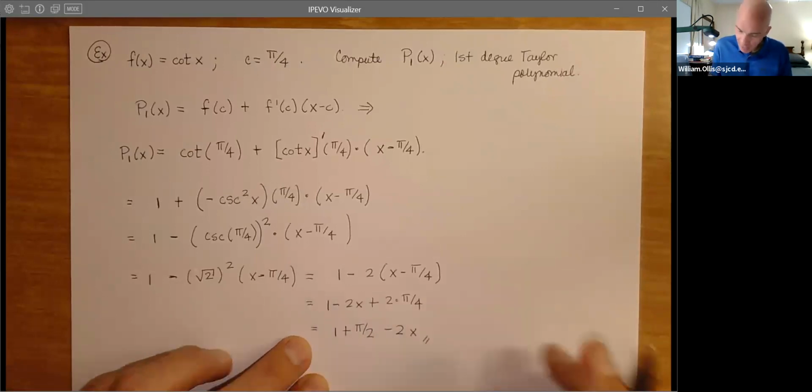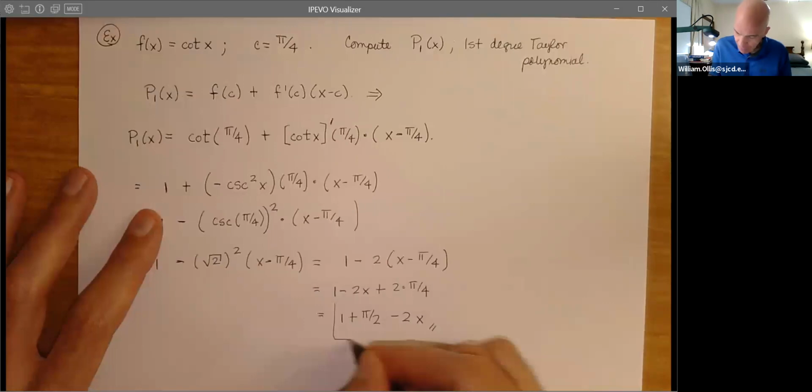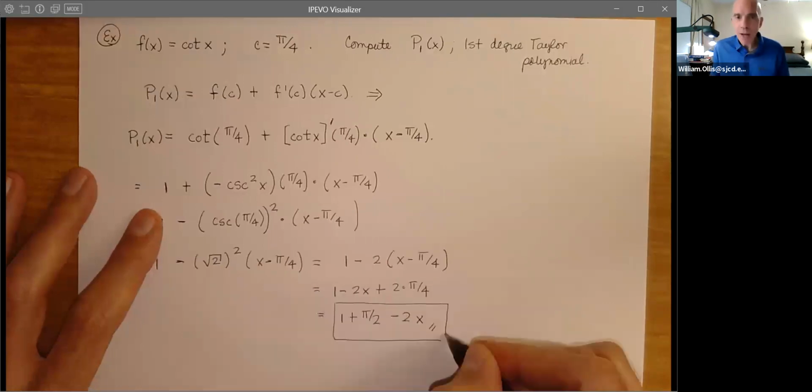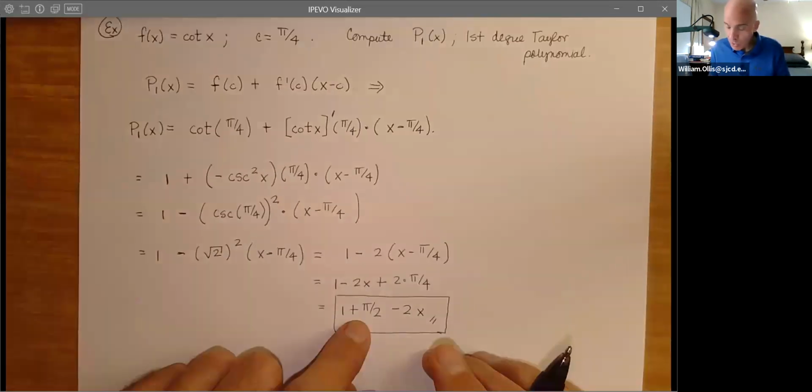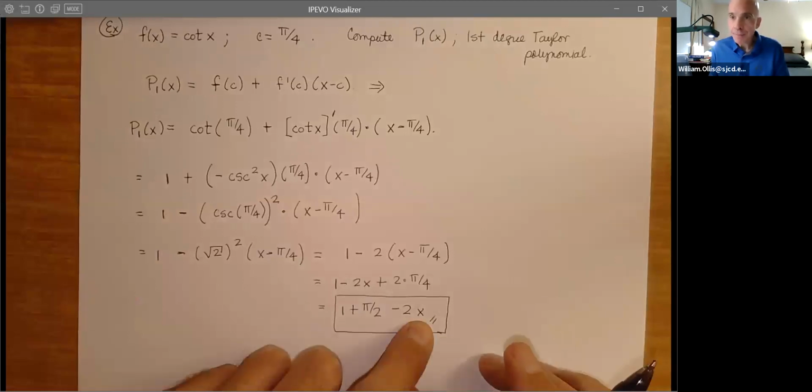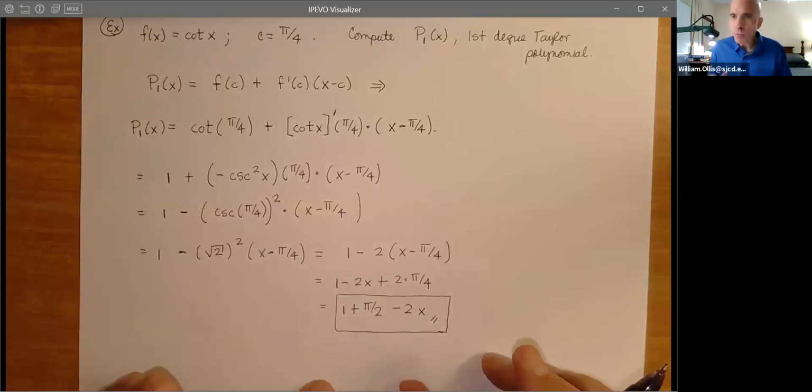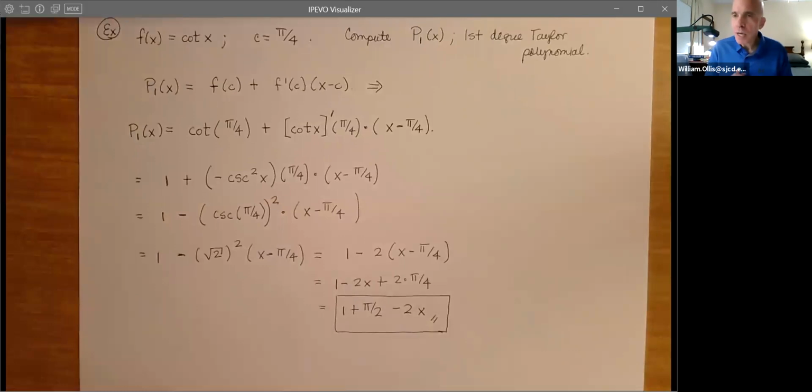Now, again, this is a first degree polynomial where we have a constant term and the x term. Now, again, when we think about using polynomials to approximate functions, maybe not the best, because for instance, if we want to be able to venture out, say, let's think about this.